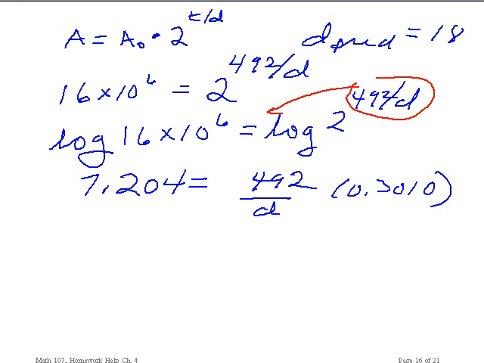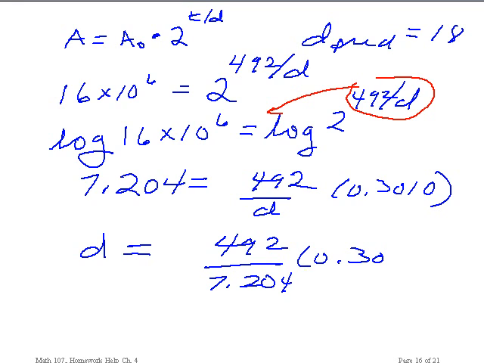Now I can solve for D. I put D on this side, and of course I have to divide. 492, 7.204, 0.3010, and the calculated answer is 20.55, which is very close to 18. Plus, I think Moore said 18 months. A lot of people say it's 2 years, so that's right in between. All right, that's how to do that problem.